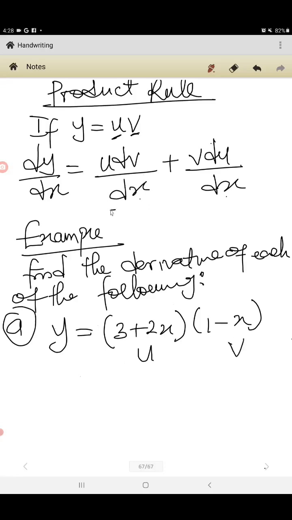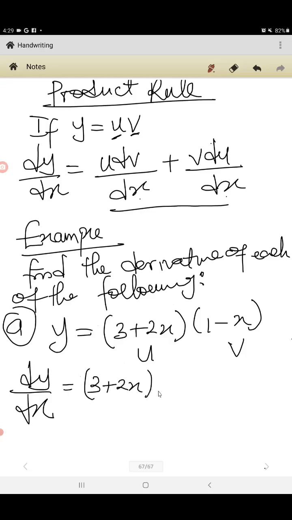As I explained earlier, the derivative of y with respect to x is the real value of u, 3 plus 2x, multiplied by the derivative of v. We don't need to write the formula any longer. Differentiating 1 minus x offhand, the derivative of minus x gives us minus 1. So this is the plus.